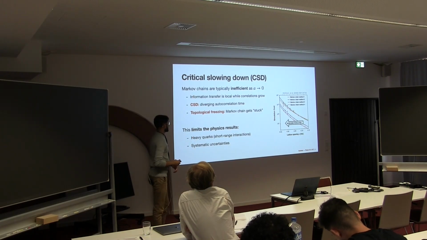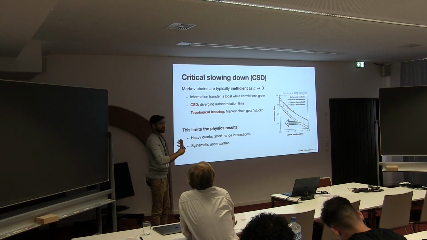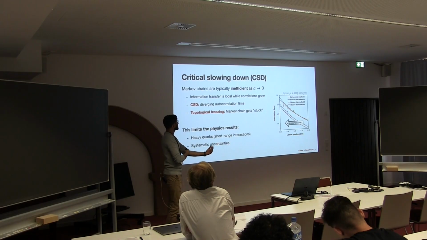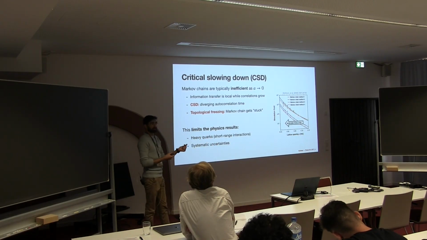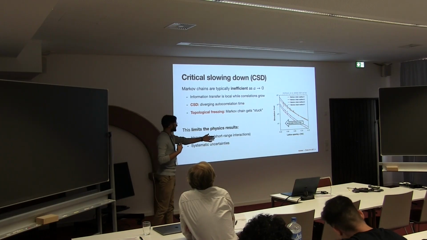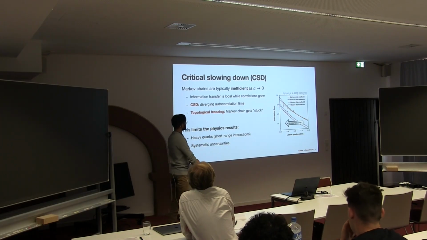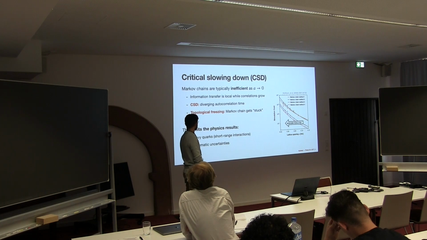So there's some correlation between the previous sample and the next sample after a given Markov chain step, meaning I need to take many steps to decorrelate sufficiently. And the smaller the lattice spacing, the more steps I need to take to sufficiently decorrelate my samples.